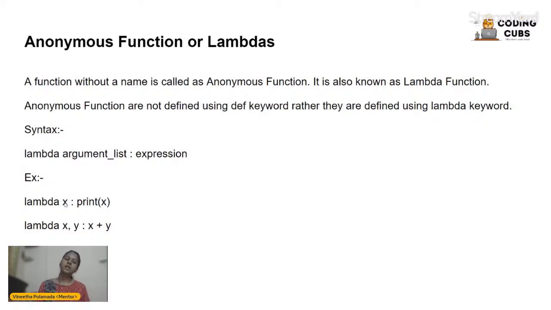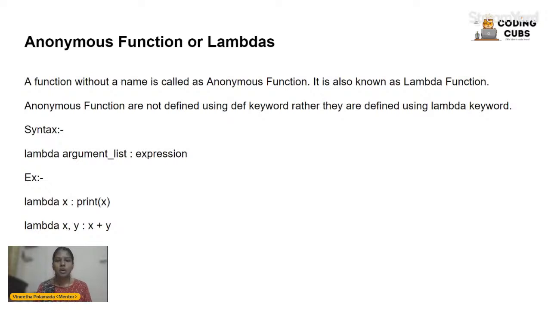What it is basically saying is that the function will take one value from the user, that is only x, and then the expression. So you'll have the lambda keyword followed by an argument list that specifies how many parameters you're taking from the user, then a colon, then the expression. This expression is the main evaluation.